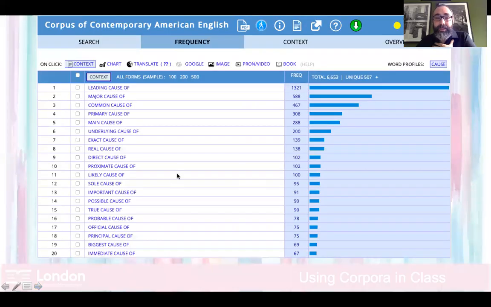Leading cause of, major cause of, or a common cause of. Again, this will tell you which adjective is the most common one. So leading or major is much more common than, for example, principal cause of. Again, very useful information if you don't have that instinct, let's say.